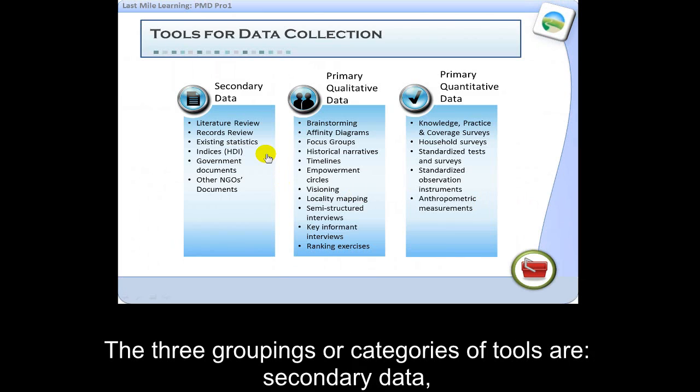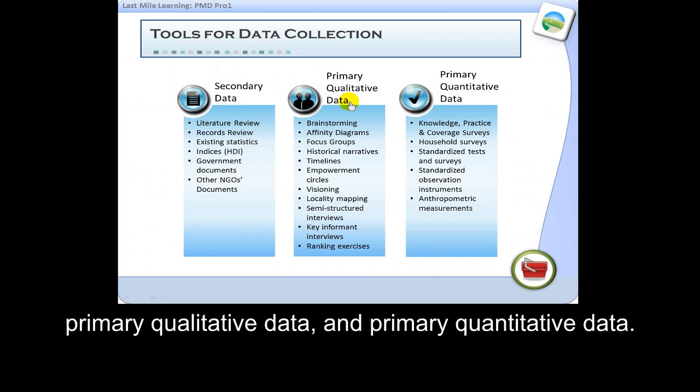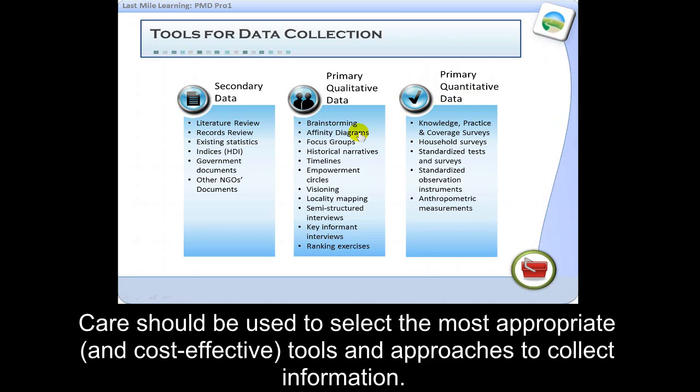The three groupings or categories of tools are secondary data, primary qualitative data, and primary quantitative data. Care should be used to select the most appropriate and cost-effective tools in order to have the best approach for data collection.